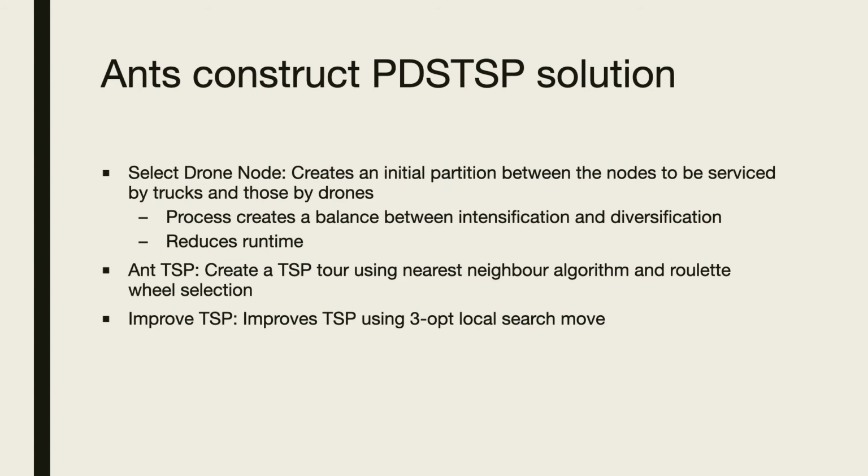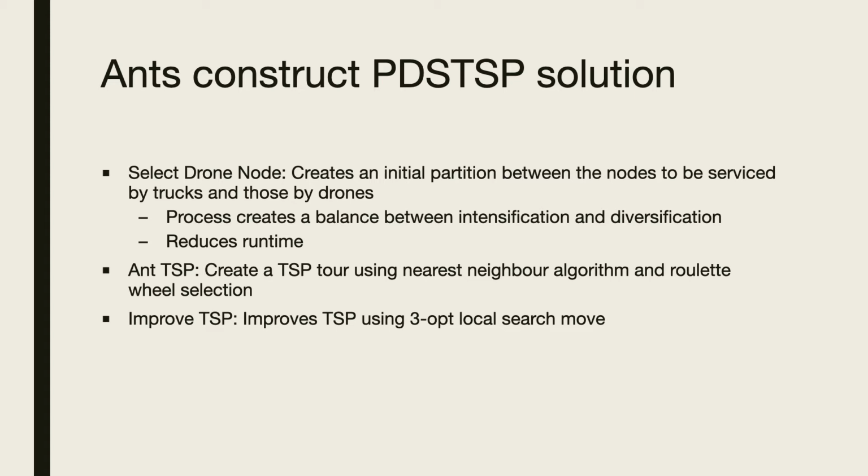Firstly, all the drone eligible customers are iterated over and selected with a set probability, and then this set is compared with a ratio of the customers retained from the current best solution based on their pheromone values of set A, and the best of these sets are chosen, and these customers will be combined with the customers selected to be serviced by the drones in the split procedure, which is further on in the solution construction process, which creates the final set of customers to be serviced by drones.